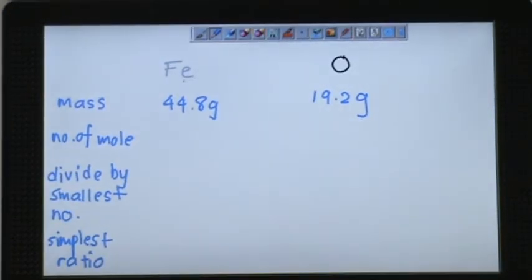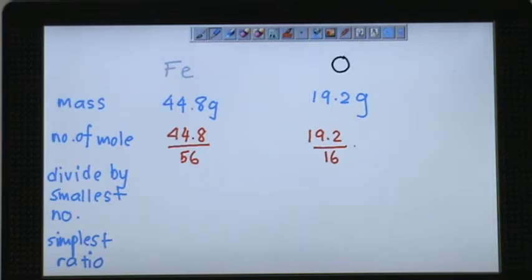Iron, the color is a bit silver, that's why I use silver to write the word. So this is the mass, 44.8 gram, and oxygen is 19.2. So what we do now is we find the number of moles. We use 44.8 divided by 56, and this one, 19.2, we divide by 16.